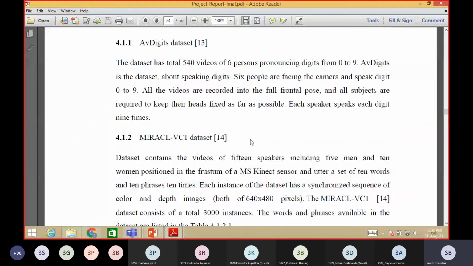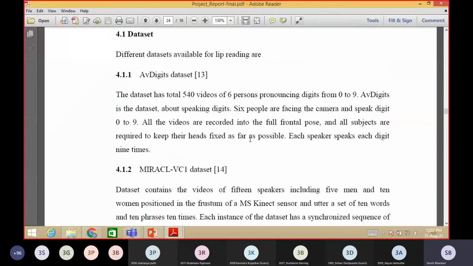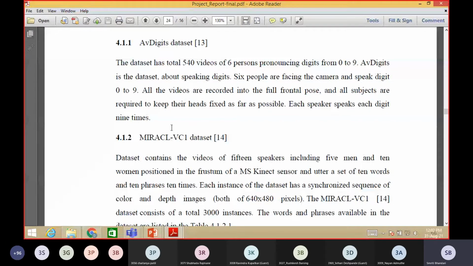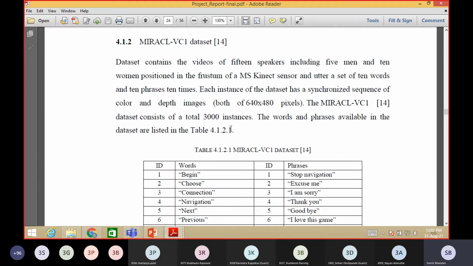See here, in methodology, the description about the data set is given. Whichever data sets are used, references are also provided, meaning in the references list, we are providing from where to download this data set or where this data set is available.